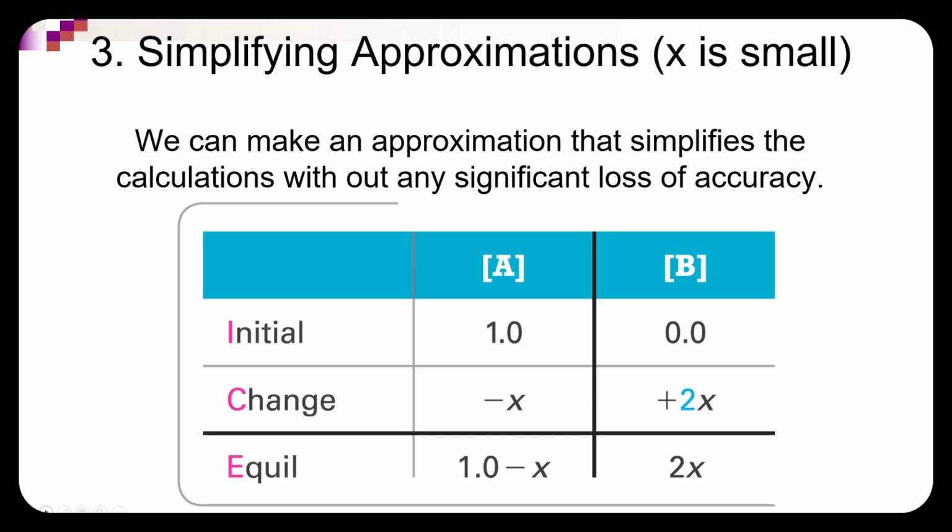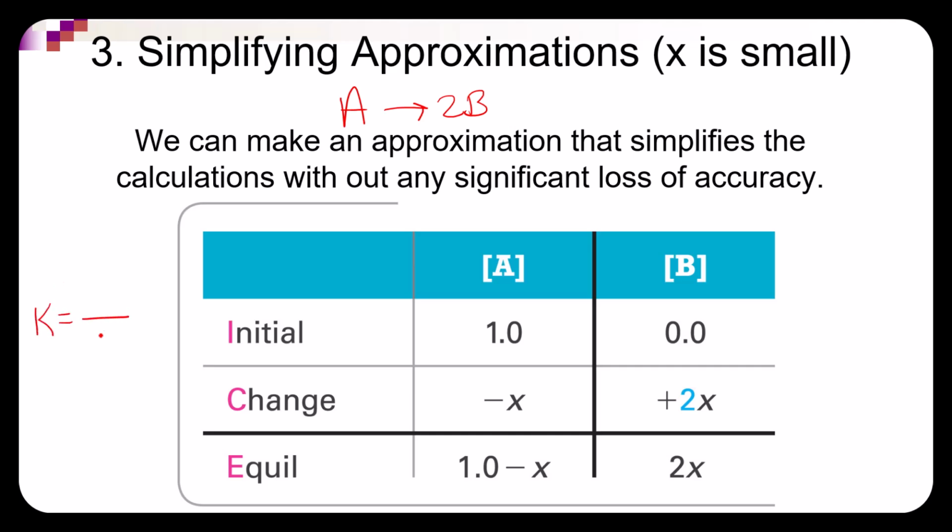So here we see an ICE table. It's filled out. We're ready to plug it into the K equation. So I'm going to plug it into the K equation real quick. Okay, so we're back to that A plus A creates 2B. Here's our ICE table filled out at equilibrium.